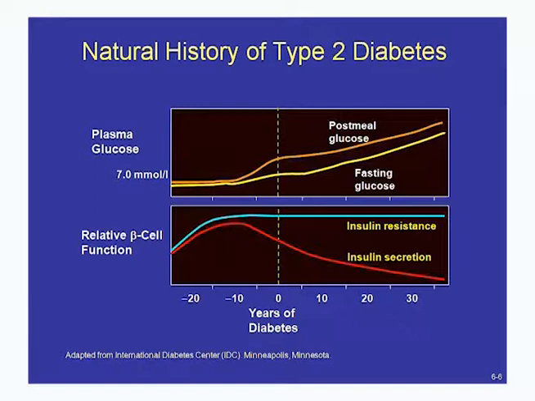You go from 5.5 to 5.7, then 5.8, 6.1, until you get to 7. You don't go from your 2-hour from 7.7 to diabetes. You go 7.8, 7.9, 9, 10, 11, and then one day you do it and you're at 11. So this is a transition process that takes place.